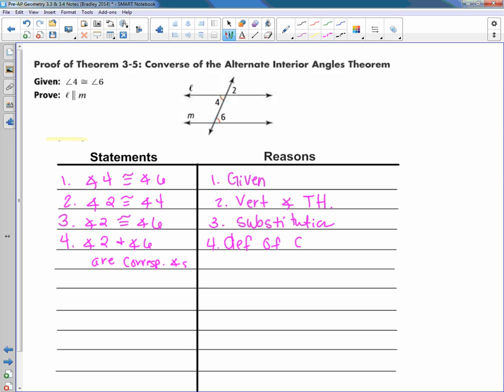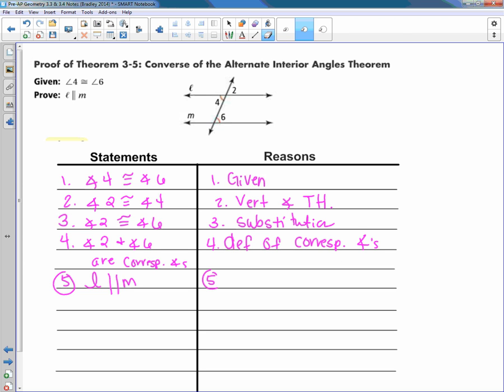Definition of corresponding angles. Now, once I've determined that they're corresponding angles, now I can say L is parallel to M, and that's going to be because, yes, converse of the corresponding angles.